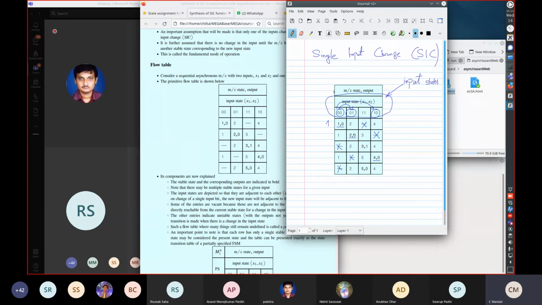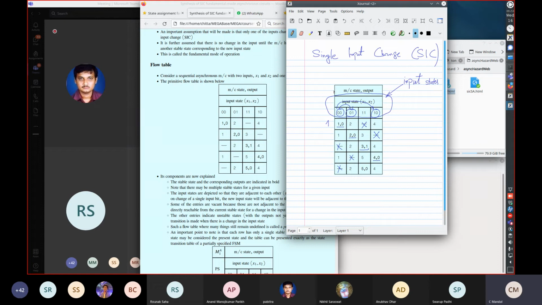Okay, the stable output is 0. Now you can do a similar analysis for 2. In 2, if the input changes back to 0, 0, it makes a transition to 1, which is a stable state. If the input changes from 0, 1 to 1, 1, it makes a transition to 3, and the stable output of state 3 for the input 1, 1 is 1.